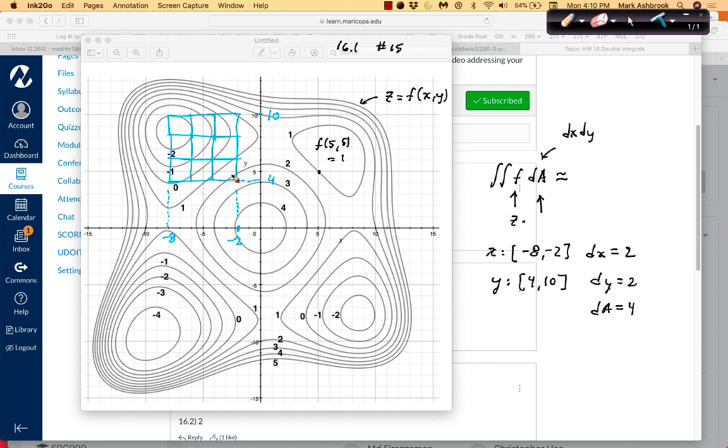To estimate the value of the double integral, we assume that for each one of these dAs you have a constant z value. Clearly it's changing. Look, here z is 2, then z is 1, then z is 0. So across this particular dA square the function value changes from 2 to 0.